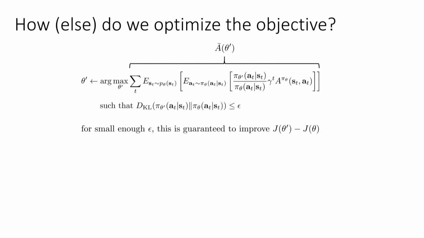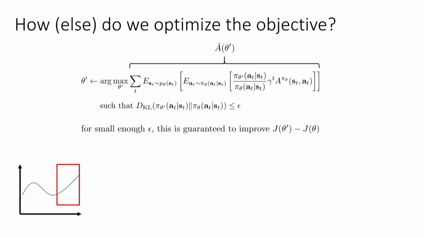So let's call this thing A bar, just like I did before. So our objective is A bar. We have a constraint, which is that the KL is less than or equal to epsilon. One of the ways that we can approximately optimize some objective is we can take a Taylor expansion of that objective and optimize that instead. So if you have some complicated function like this, and you know that you only care about optimizing that function within some region, within that red box.